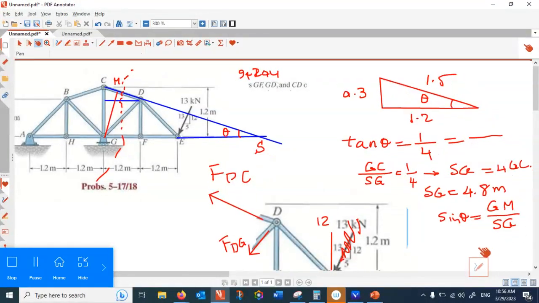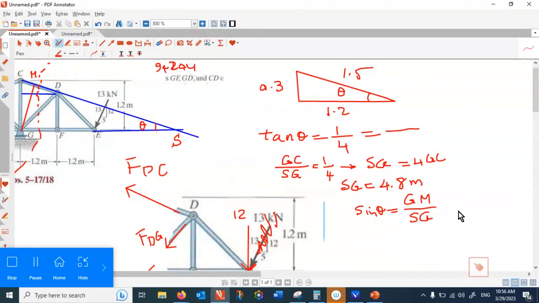And therefore here I get sine theta is equal to 0.3 divided by 1.5, and that is equal to GM over SG. SG is 4.8.